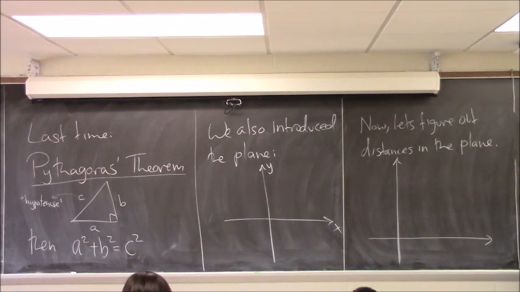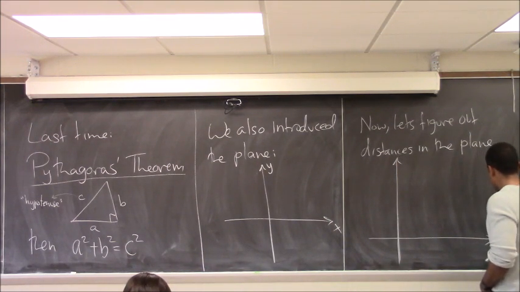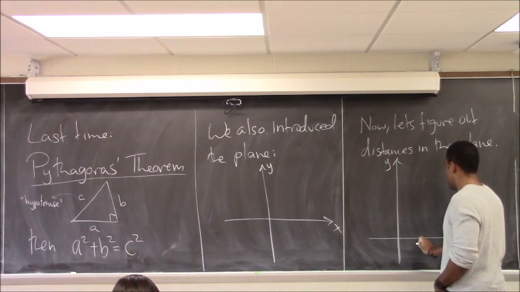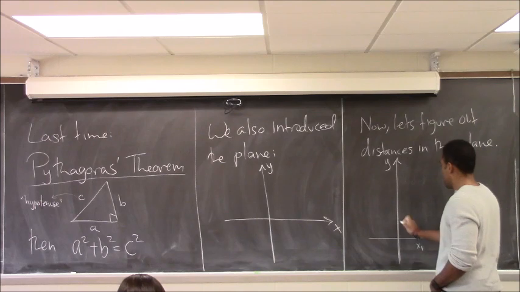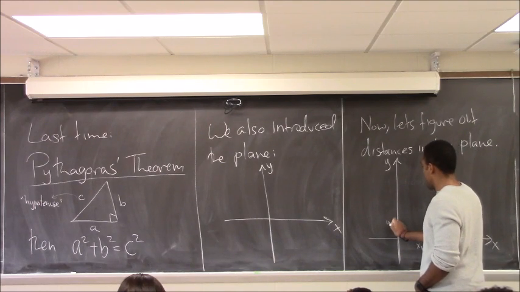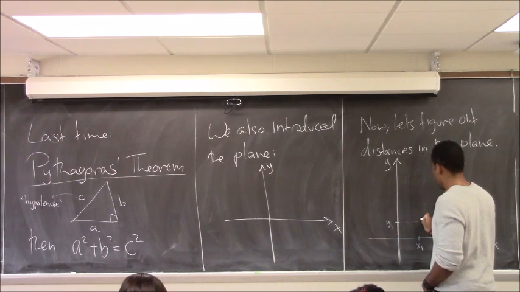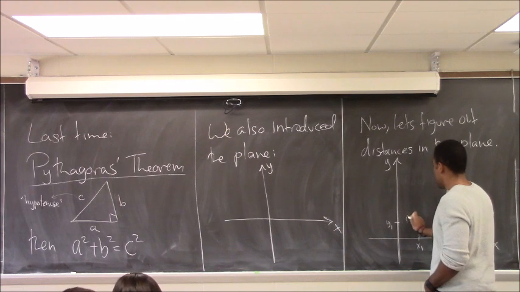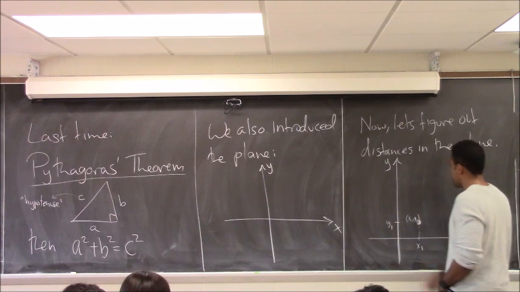So we remember how we could plot coordinates here. We can have, let's say, an x coordinate, call that x1, and it can have a corresponding y coordinate, call that y1. So this thing here, we can denote it x1 comma y1.